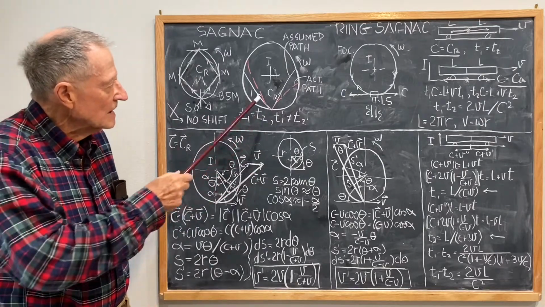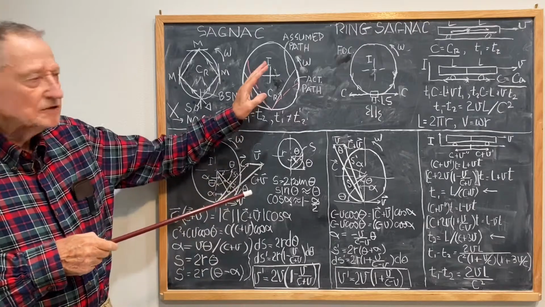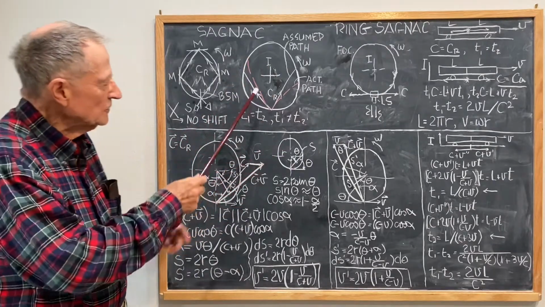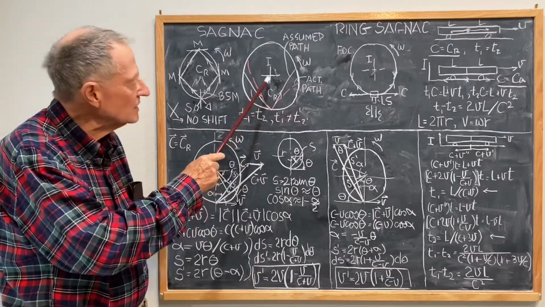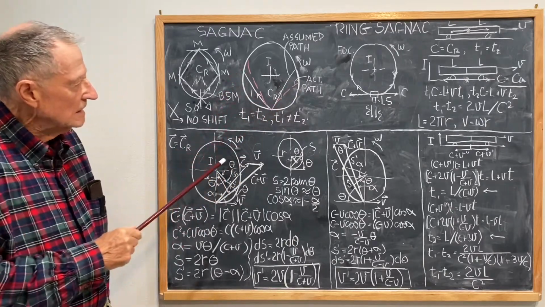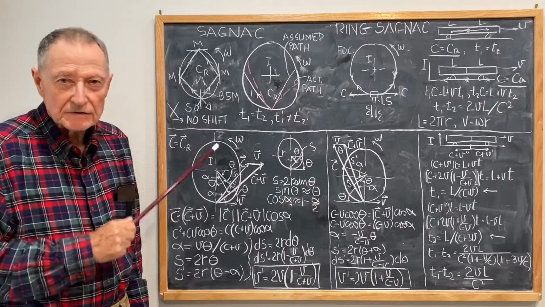However, the beam of light does not follow a straight path in the rotating reference frame. If you rotate, the actual path that you would see if you were in the rotating reference frame is shown here and here.